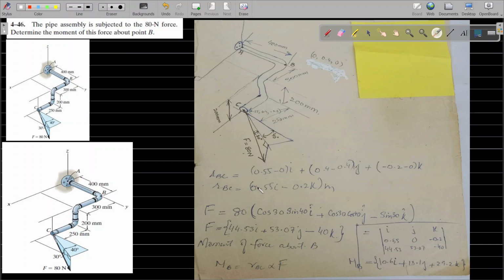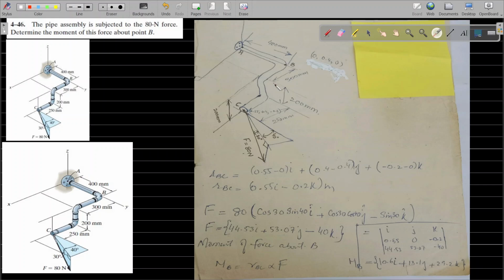Along the y-axis, for point C it will still be the same 400 millimeters, which is 0.4 meter. And along the z-axis, since this is our xy plane, we are going below this plane by 200 millimeters, so this is minus 0.2 meters. We are calculating in meters.